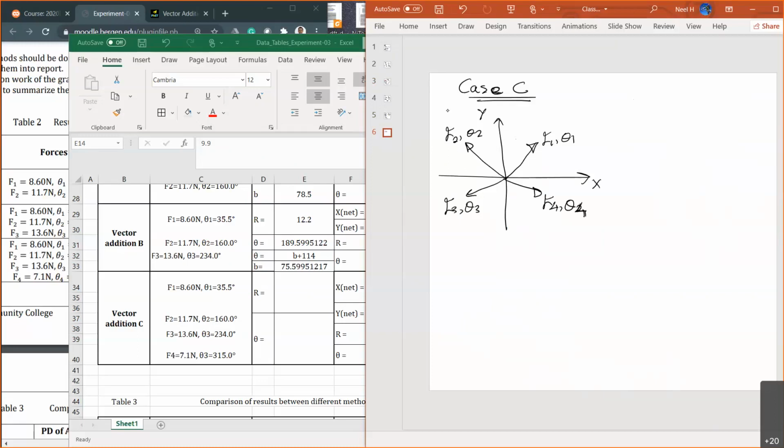Now you know the process, right? So we would like to have all the components, x-axis, y-axis.